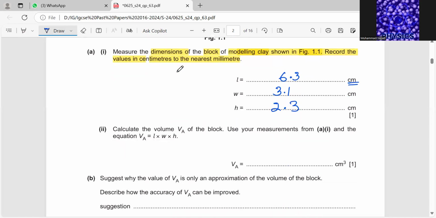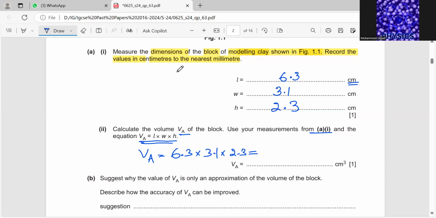Next is calculate the volume VA of the block. Use the measurements from A(i) and the equation. Always the equation or the formula is given. Even if it's the easiest one, still it is always given. So VA is equal to 6.3 times 3.1 times 2.3.